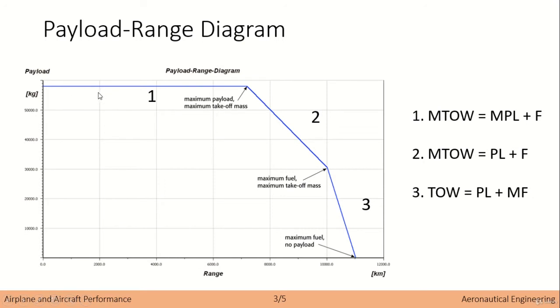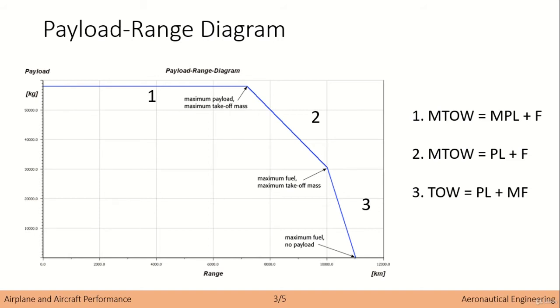However, if we want to take all of these people to a very long distance, some of them will probably have to stay at the airport, right? Because if we want to cover very long ranges, the aircraft may need extra fuel, and this extra fuel may imply that we need to reduce the payload.